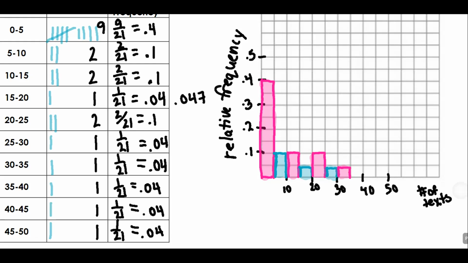So I'm going to have from 30 to 35, 35 to 40, 40 to 45, and 45 to 50 is the last one.